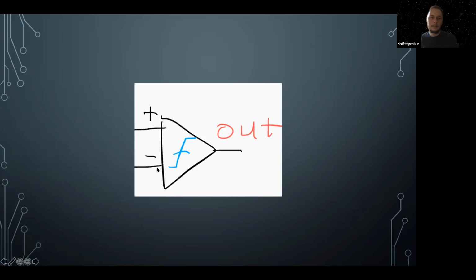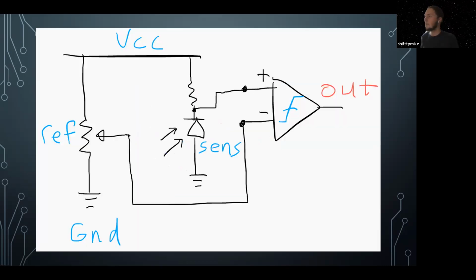And the idea here is that my reference voltage, so that blue line, will be connected to here, which means that every time the sensor output moves above or below that reference, this state will change. So the microcontroller doesn't actually read the analog voltages. All it does is pick up if the state of this comparator has changed. So in the greater scheme of things, this is what the whole thing looks like.